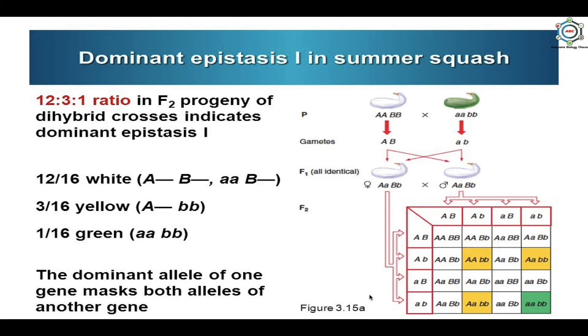Here you can find the ratio of 12:3:1. A 12:3:1 ratio in the F2 progeny of the dihybrid cross indicates dominant epistasis, and the dominant alleles of one gene mask both alleles of the other gene. So the dominant alleles always mask the other allele in case of dominant epistasis.